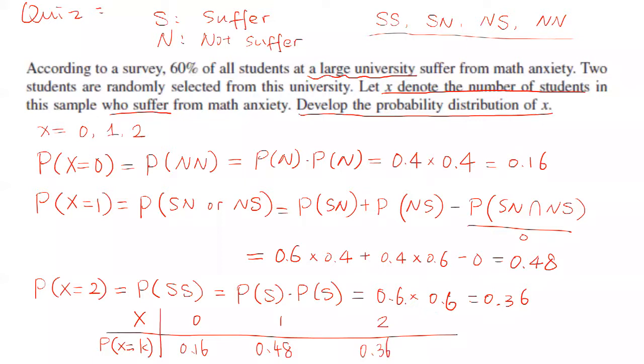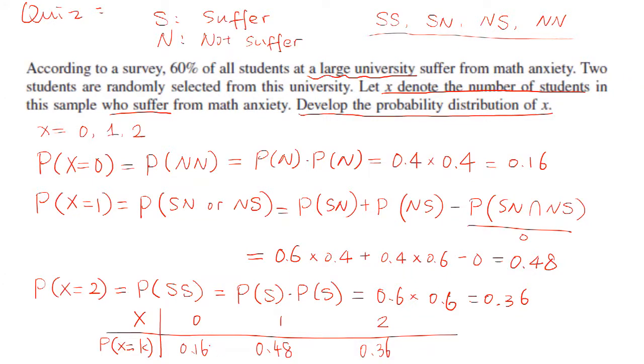And we can validate whether this probability distribution fulfills the two conditions, right? Apparently, the first condition is fulfilled because all of the probabilities lie within the interval between 0 and 1, right? And the second condition, the sum of all the probabilities should be 1, right?